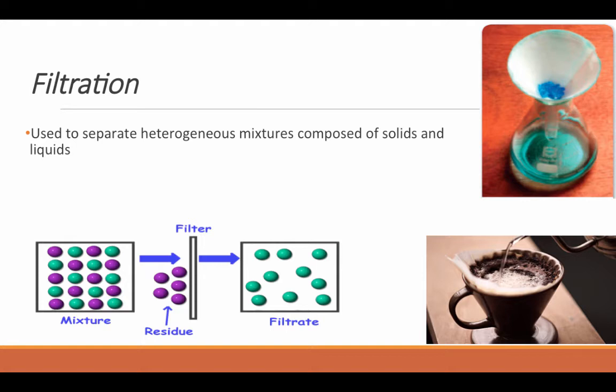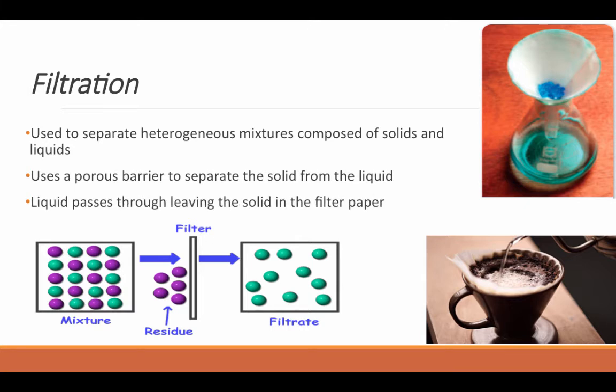Filtration is generally used when you're trying to get a solid out of a liquid. You have to use the porous barrier, which would be the filter. When the liquid passes through that barrier, it leaves the solid behind in the paper. It's the best way to get a solid out of a liquid.